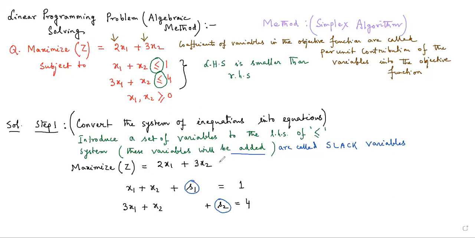This can be done mathematically as follows: we consider S1 with its per unit contribution 0 in the objective function, and S2 also with its per unit contribution 0.